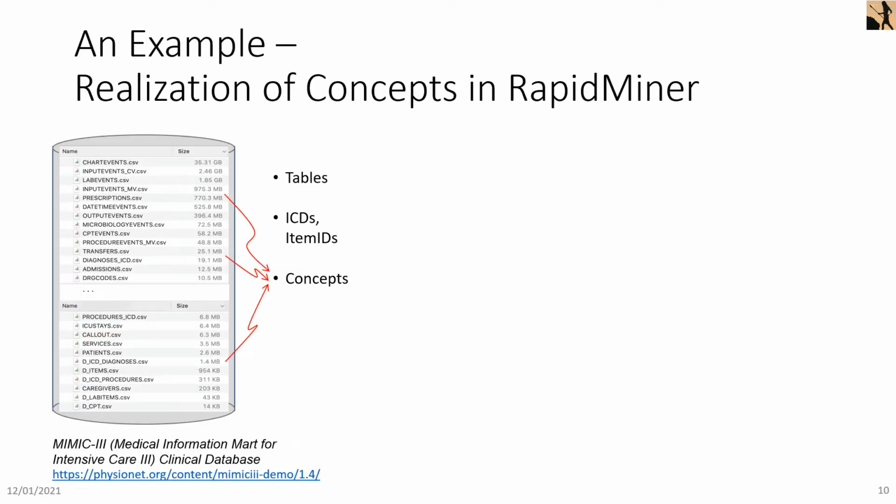This MIMIC-3 database is freely available to researchers worldwide, and it includes a diverse, very large population of ICU patients. It contains highly granular data, including lab results, vital signs, medications, and more information such as demographics, vital sign measurements, laboratory test results, procedures, medications, caregiver notes, imaging reports, and the mortality, right, including post-hospital discharge.